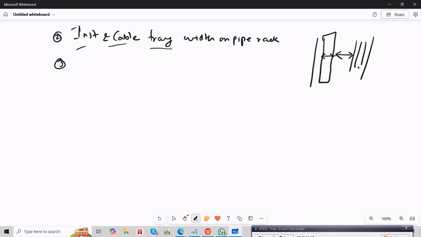The third point is called the equipment data sheet. Equipment data sheet means, for creating any equipment you need a data sheet, and that data sheet consists of the length, width or diameter, or height of the equipment, so that we can block the space for the equipment.